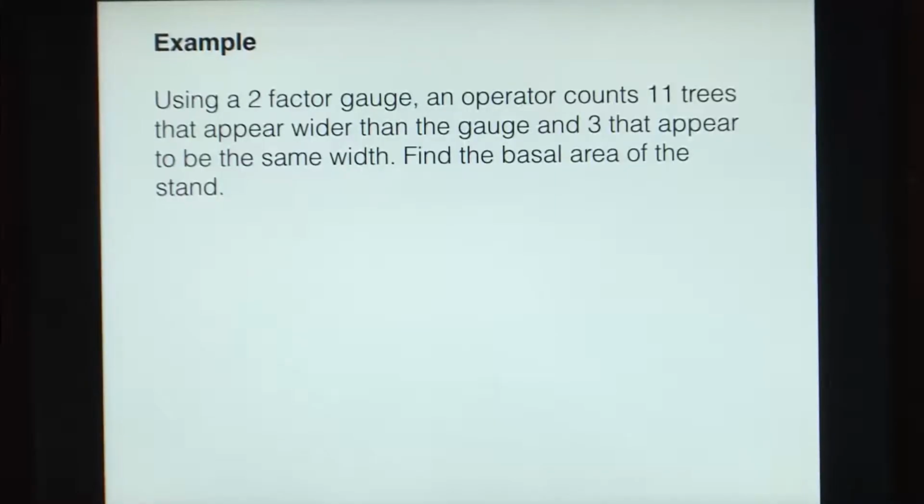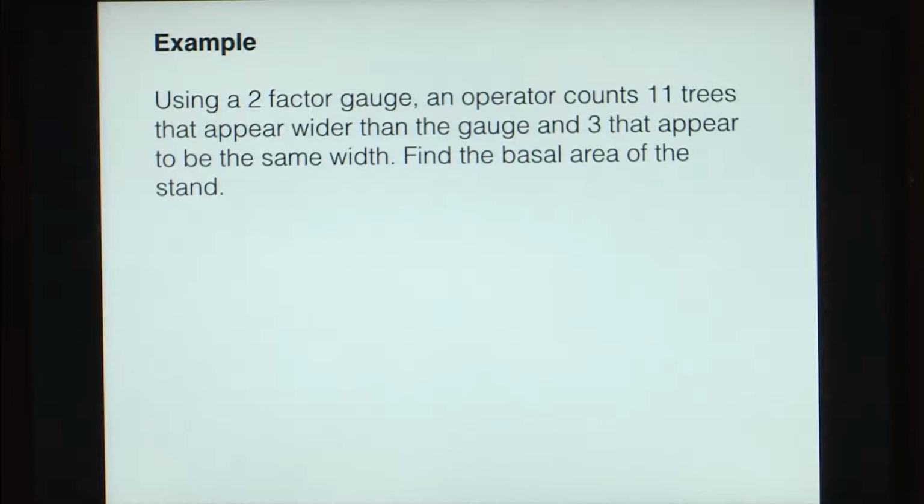On your screens now, it states that using a 2-factor gauge, an operator counts 11 trees that appear wider than the gauge. When we say a 2-factor gauge, it means that the basal area factor, or the BAF, is 2. Now the operator counts 11 trees that appear wider than the gauge, so these are the full tally.